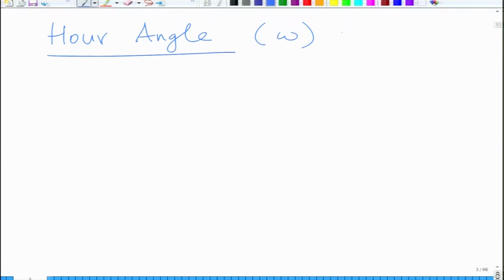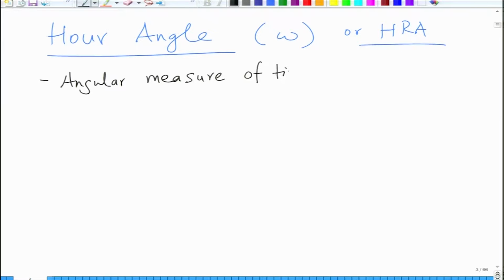We will first look at a quantity called the hour angle, which is called omega, and is depicted as HRA, okay. HRA is essentially an angular measure of time, and it converts LST into the number of degrees by which the sun moves through the sky.